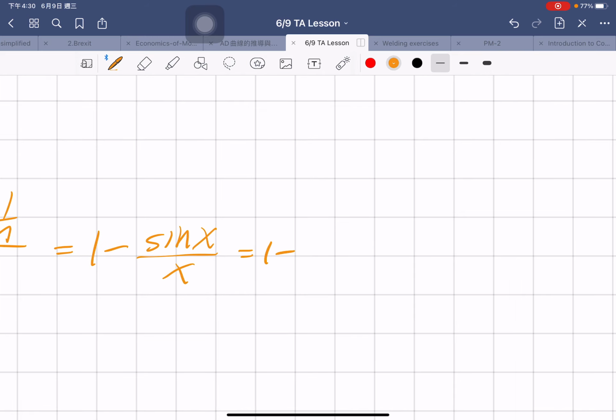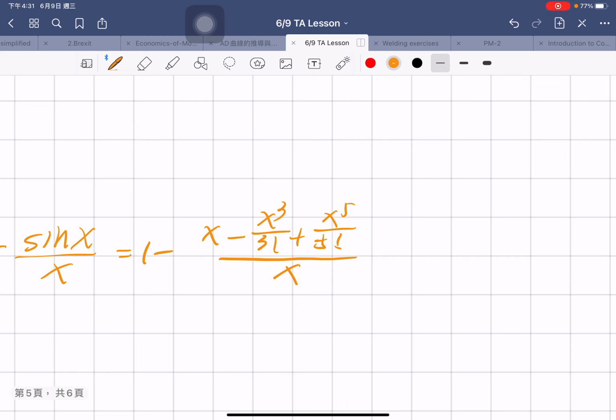So if we expand our sin x, also notice that the other terms will not be important, and the first term will be subtracted out.